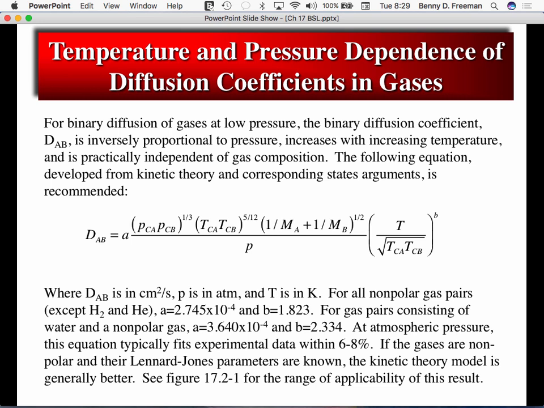Okay, so A isn't dimensionless? Right. And it is developed from kinetic theory and corresponding states arguments. That doesn't mean that it comes directly when it's developed. Often these things are developed in analogy with basic theoretical arguments adjusted so that they fit the experimental data well.